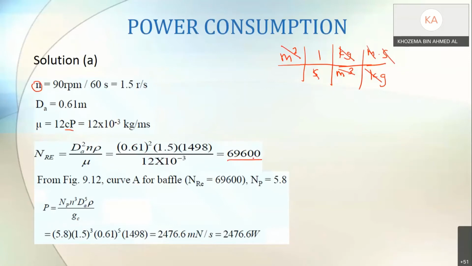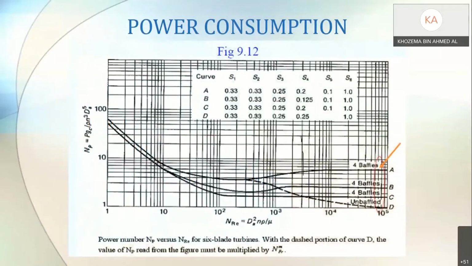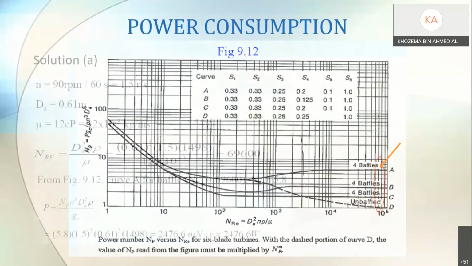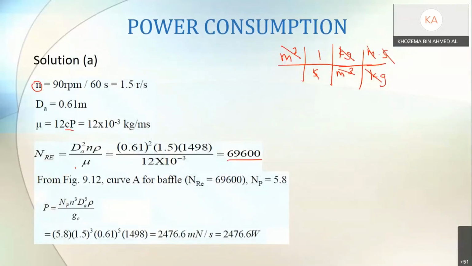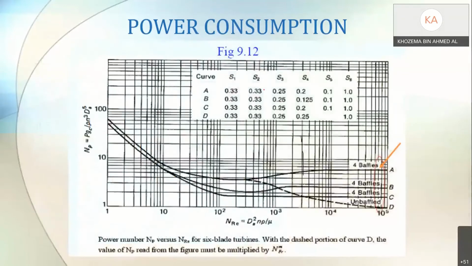69600. Now based on this value, since this is for a 6 blade turbine, I'm going to be using this chart, this graph here. First of all, I need to know whether I want to use curve A, curve B, curve C, curve D. So here from figure 9.12, I'm using curve A. So how do I decide whether I want to use curve A, B, C, or D?